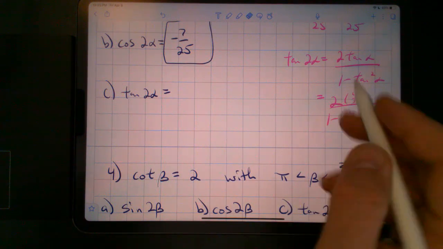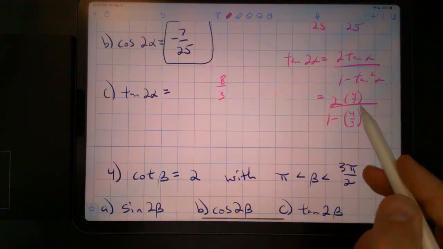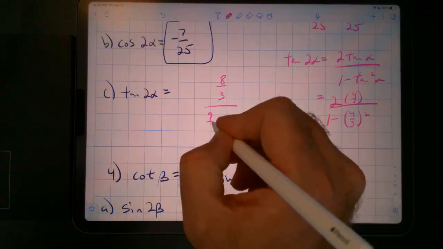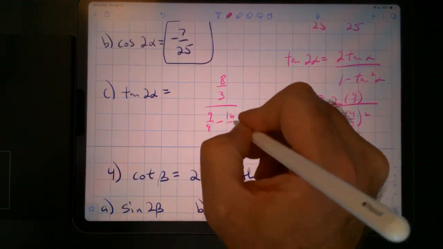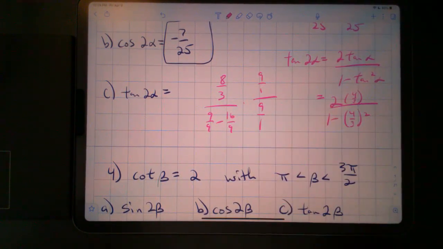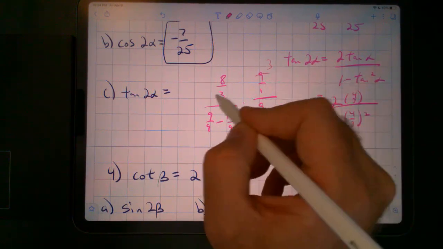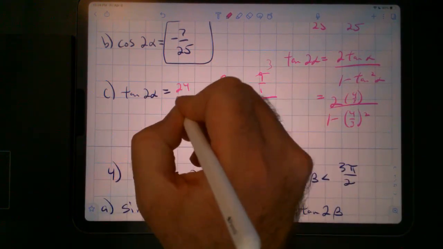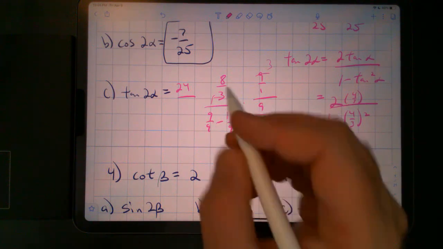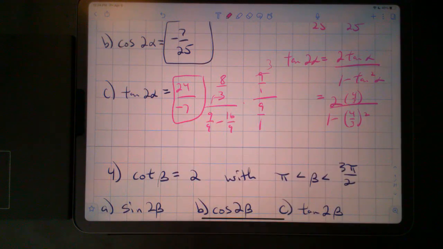So we have 8 over 3 divided by, this denominator is 9, so this would be 9 over 9 minus 16 over 9. We multiply all of this by 9 over 9. We will have 24 in the numerator, and then we have 9 minus 16, which is negative 7 in the denominator.